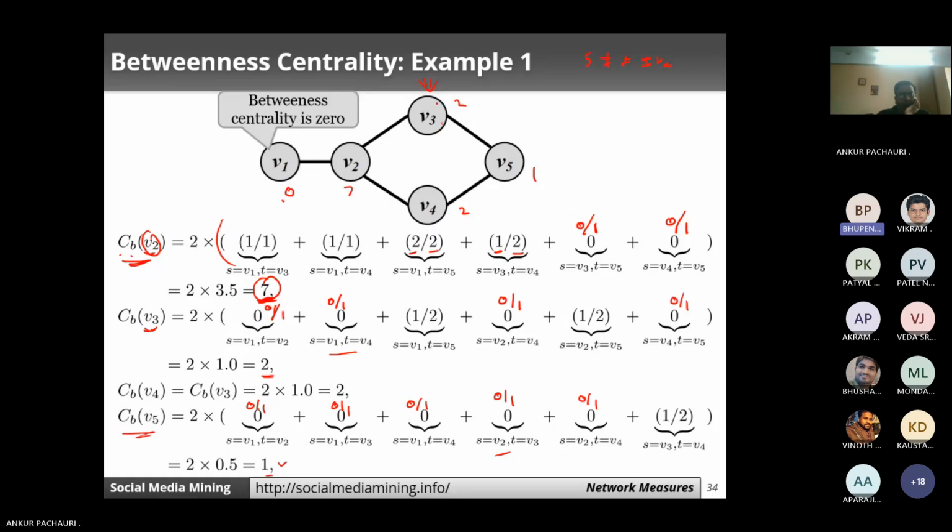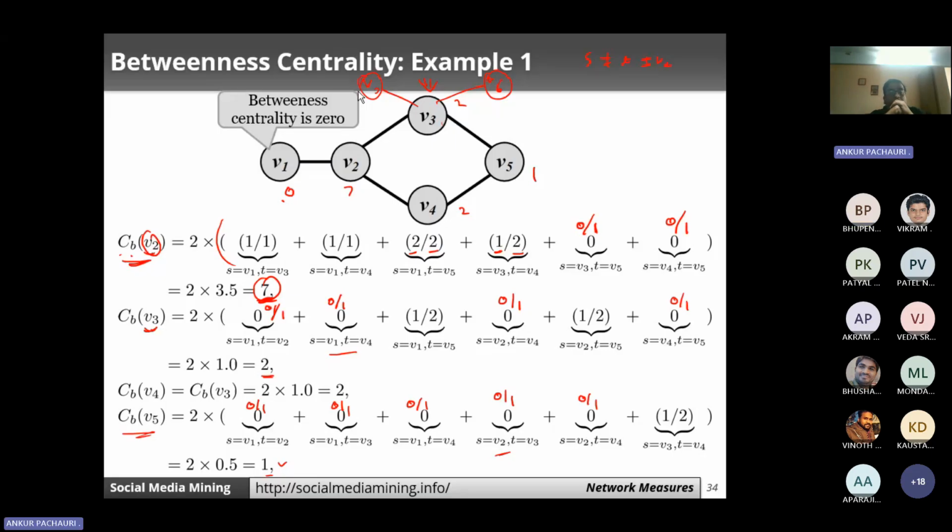Then the centrality will increase for V3. In that case, I think the betweenness centrality for V3 will be more in comparison to V2.